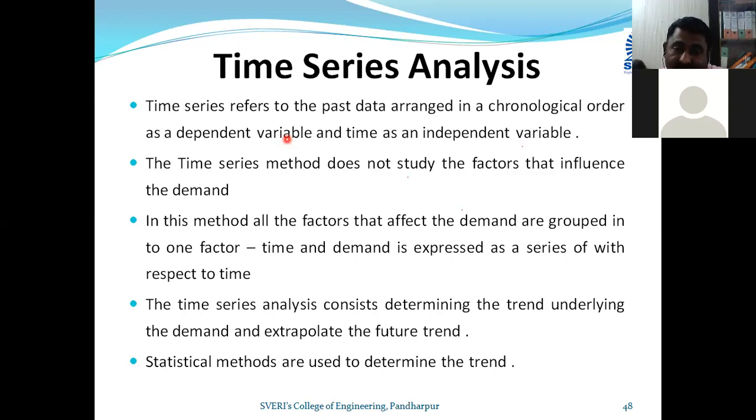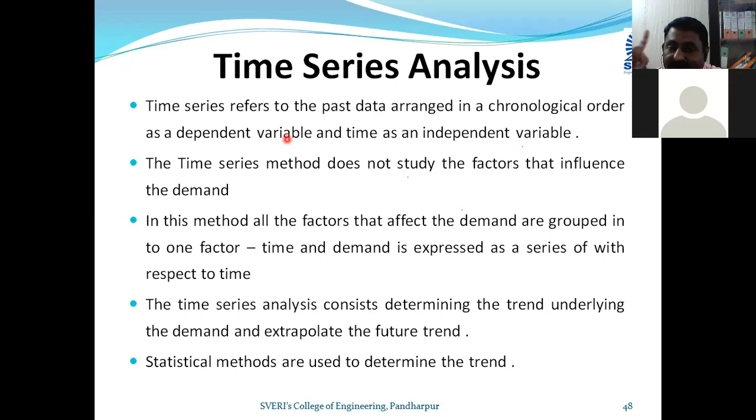The time series method does not study the factors that influence the demand. In this method, all the factors that affect the demand are grouped in one factor, that is time, and demand is expressed as a series with respect to time. So it will not study the factors that influence the demand.